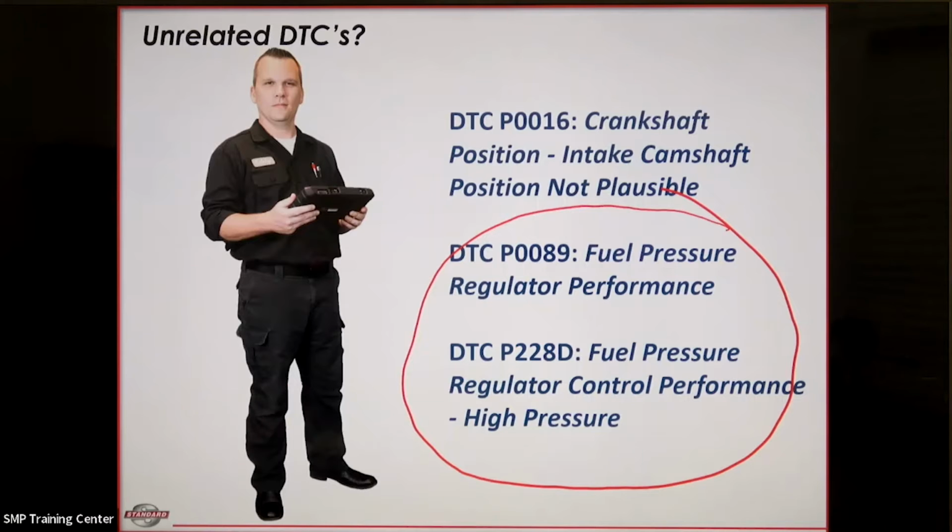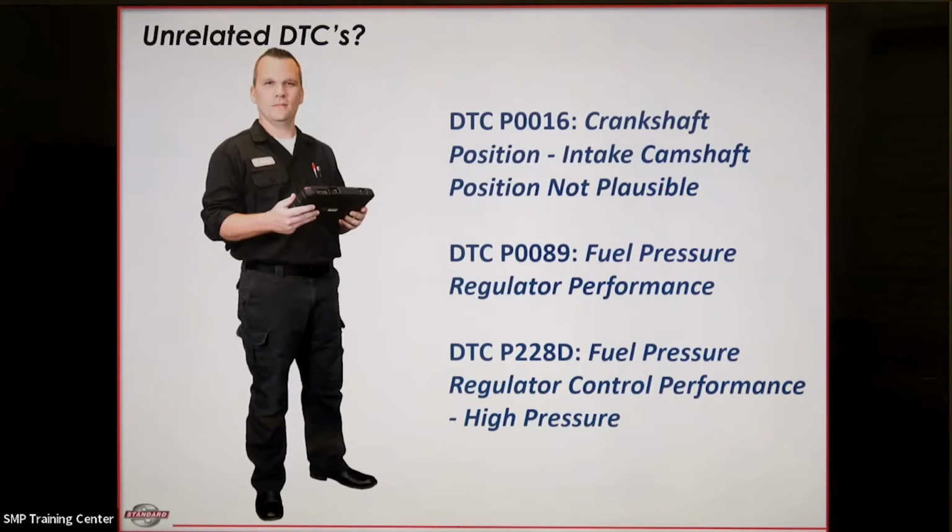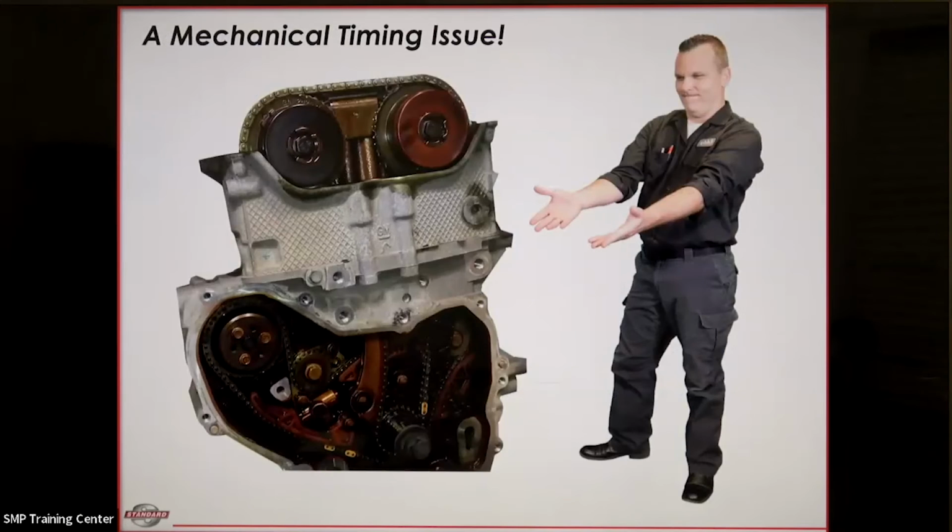Now, it may seem like these are completely unrelated problems, but we want to consider the fact that the high pressure pump is driven by the camshaft. And if the engine has jumped time, it can certainly affect the ability for the ECM to control the high pressure delivery, the high pressure pump's ability to deliver its proper pressure.